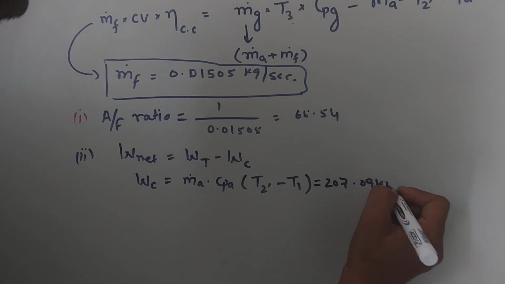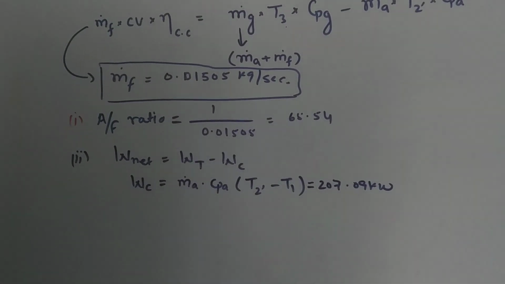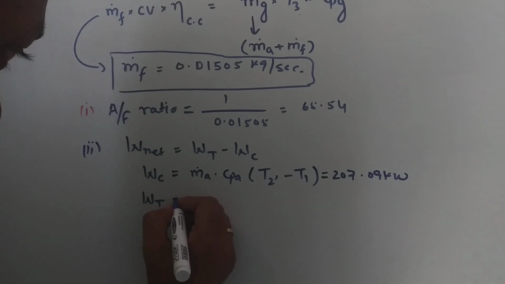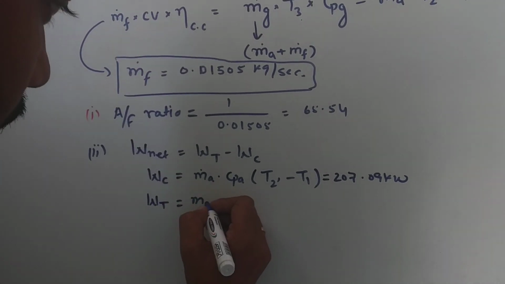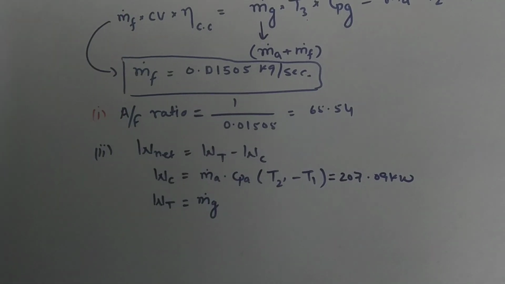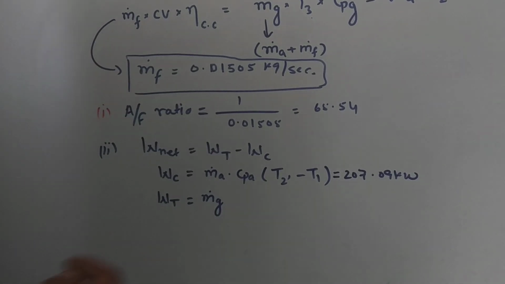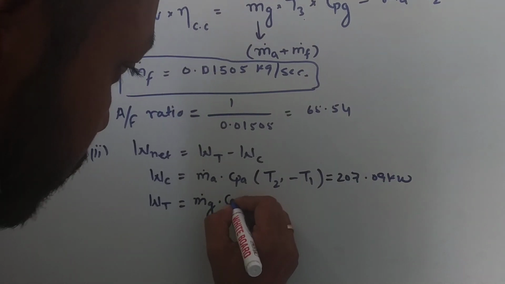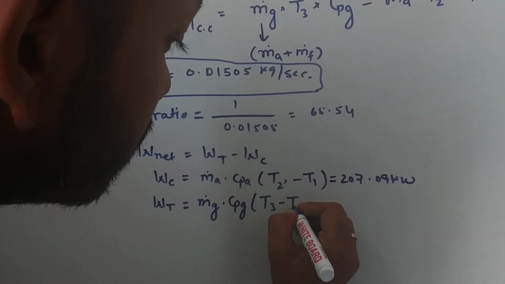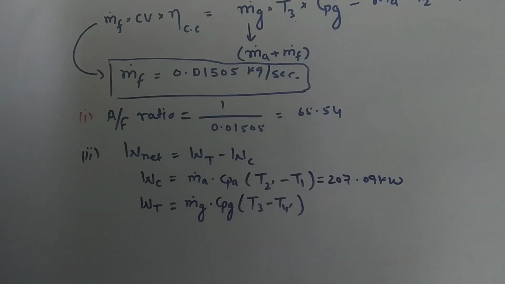Okay, after putting the values you will get the compression work as 207.09 kilowatt. Similarly we can calculate the turbine work, which is equal to the mass flow rate of gases mg dot, since in the turbine there is expansion of gases, multiplied by Cp of gases multiplied by T3 minus T4 dash, the actual expansion.